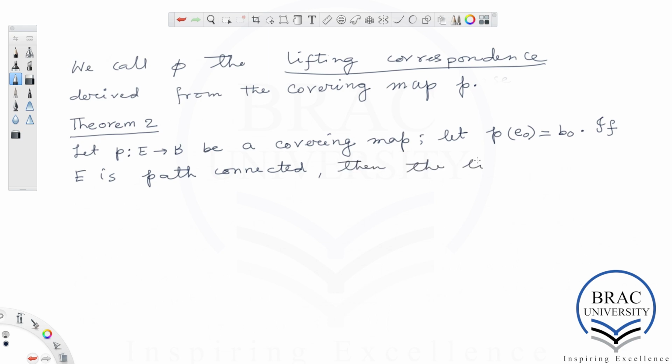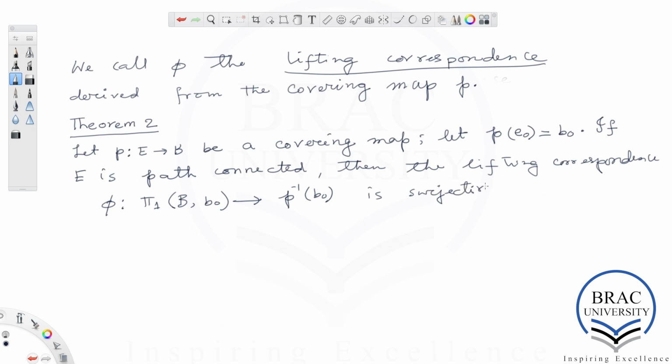the lifting correspondence phi from pi 1 of B with reference to the base point B0 to the inverse image of B0 under P is surjective.